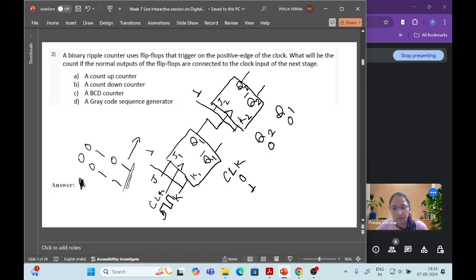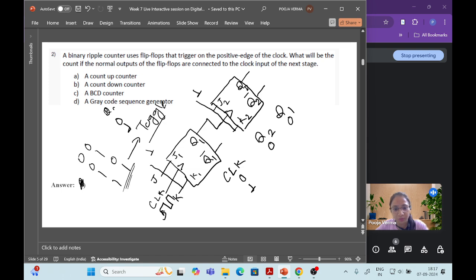So it will toggle, right? The output will toggle. At the first clock, J1 and K1 are 1, and Q1 is already 0, so toggle means it changes from 0 to 1.